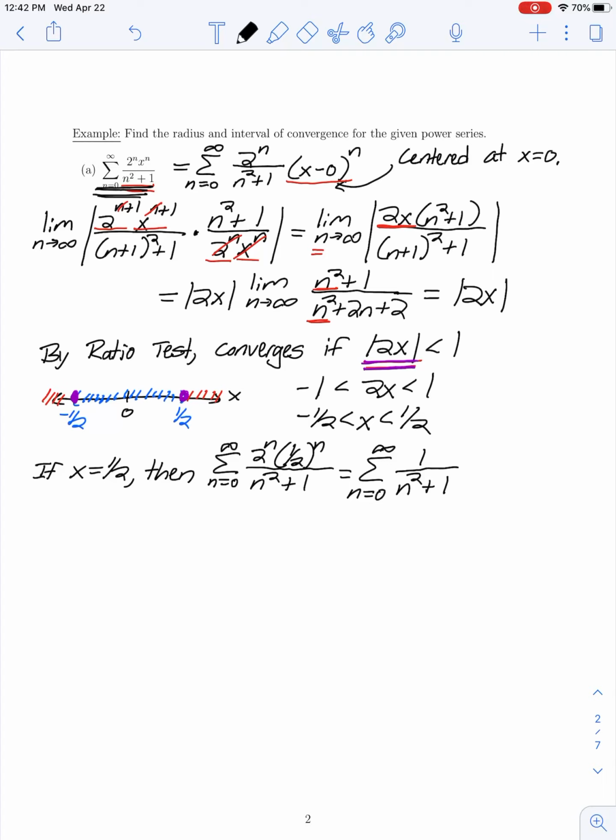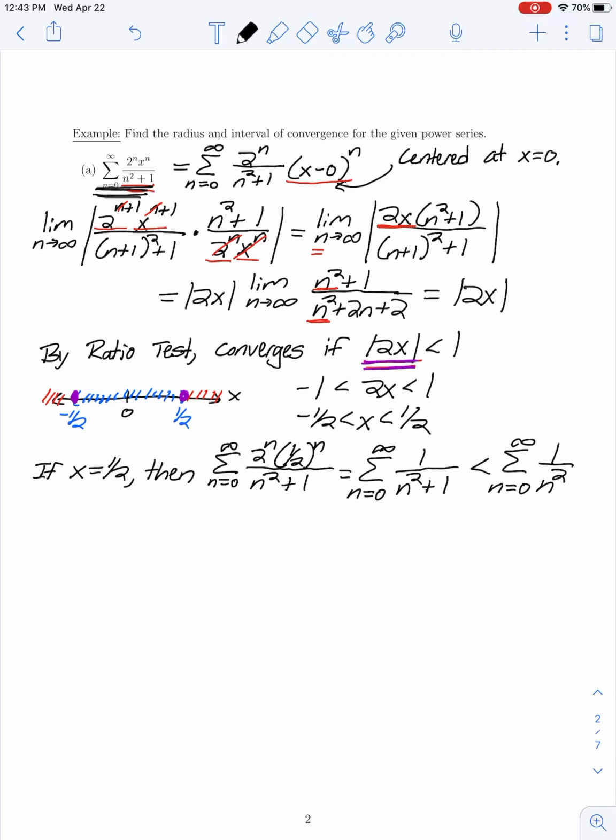So if we want to determine the convergence or divergence of this series, well, there's a few ways that we could do it. One way would be to make use of the direct comparison test. This series would be dominated by the series 1 over n squared.